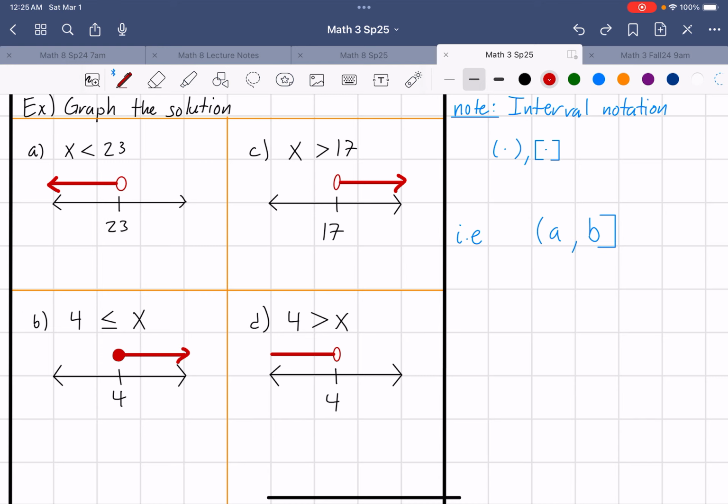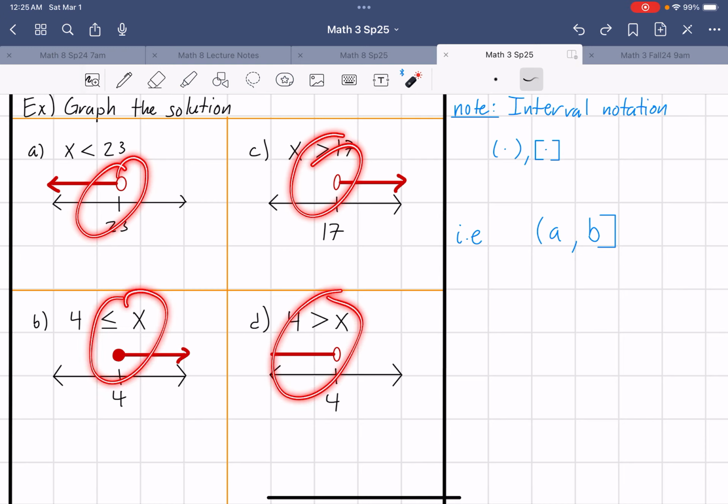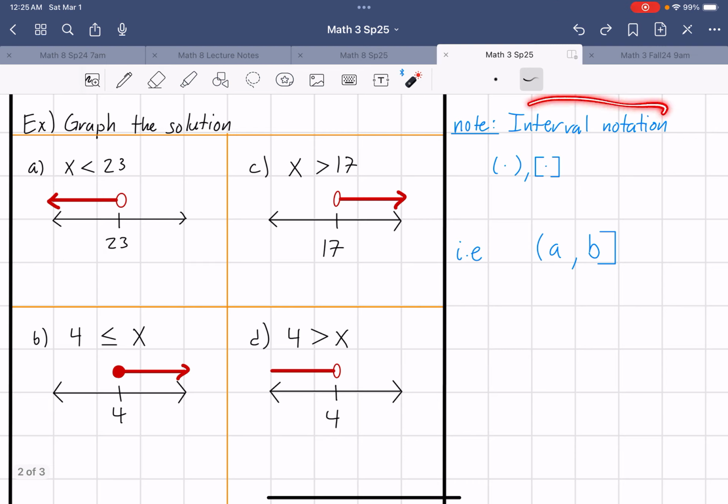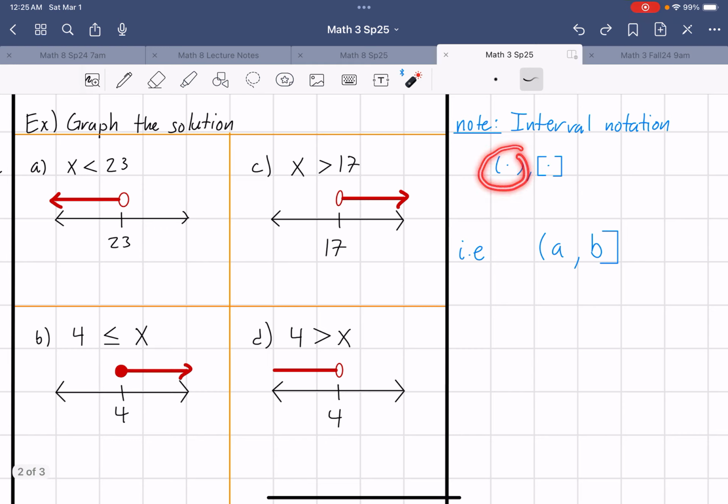Now, that's not the only way, because ultimately we're getting to solving a linear equation. But there's a lot of these small nuances I have to recall when it comes to talking about solving inequalities. And one of those is graphing your solution. But you can also write the solution in interval notation. What is interval notation? Well, it either comes in parentheses or in brackets.